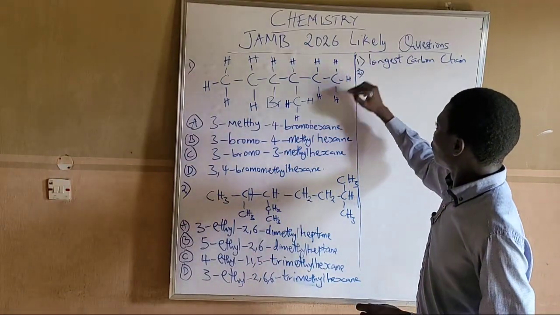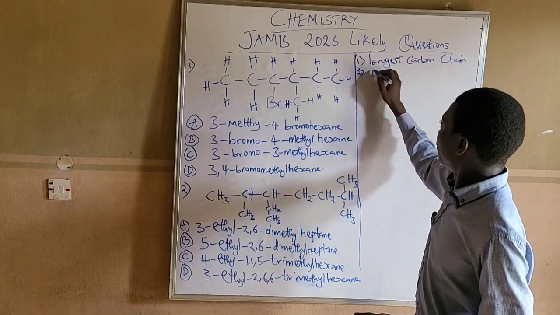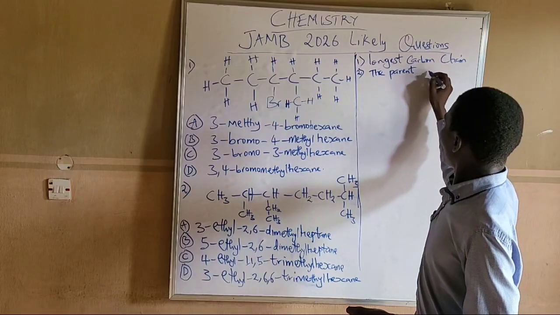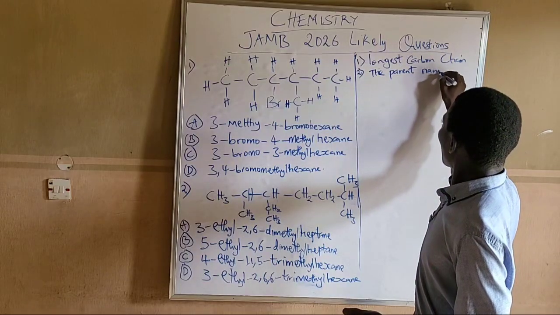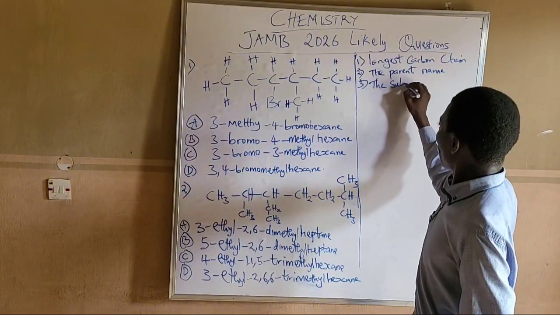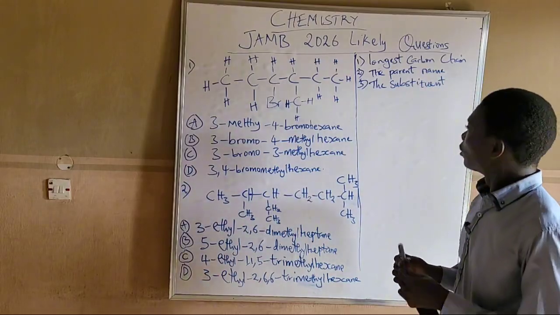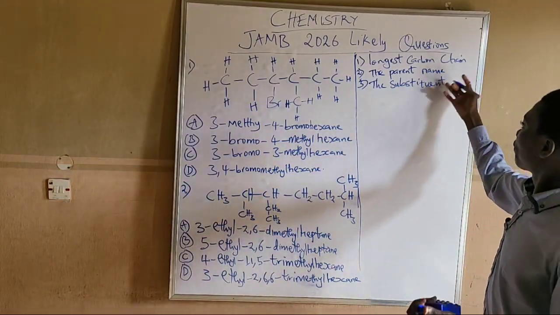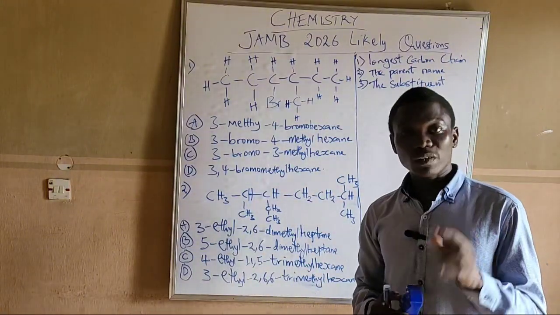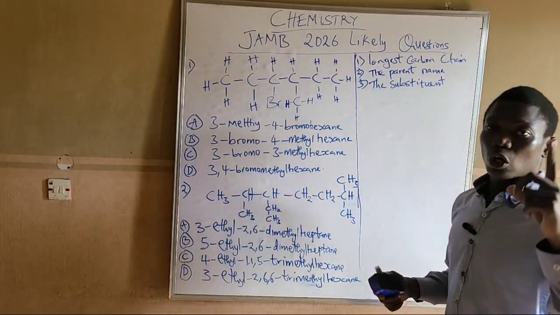Number two, the parent's name. And number three, the substituents. If there are 2 or 3 substituents, you can put an s. So these are the 3 major things you need to take note of if you want to name any particular compound.